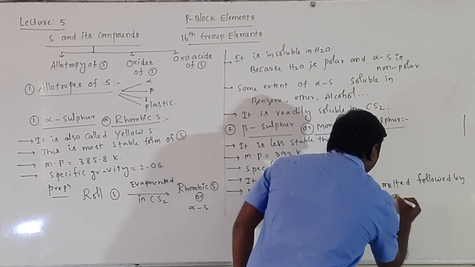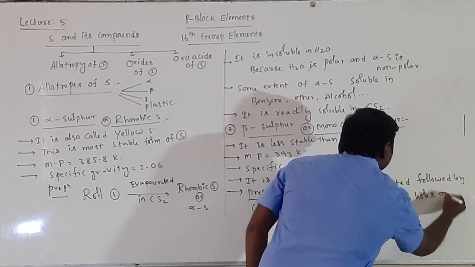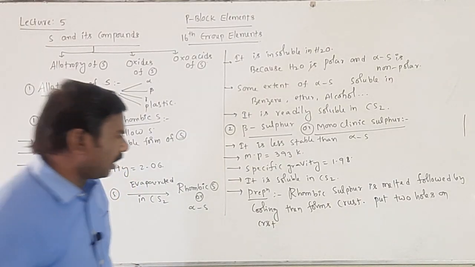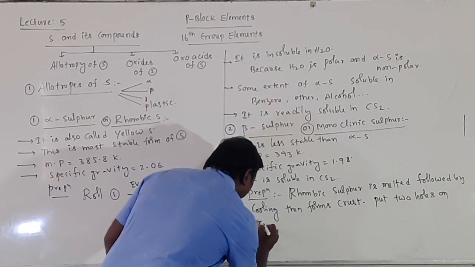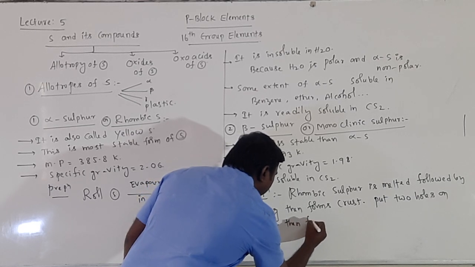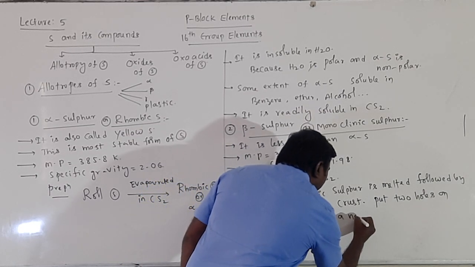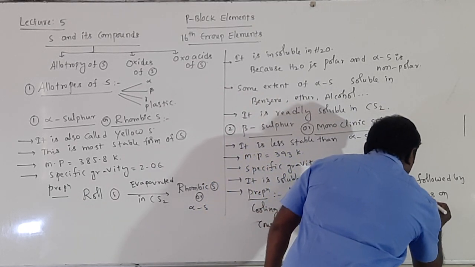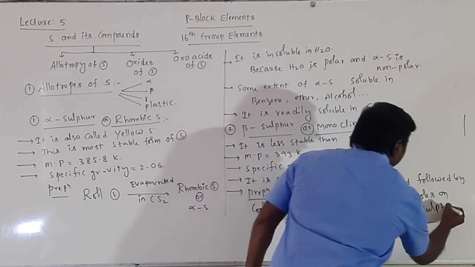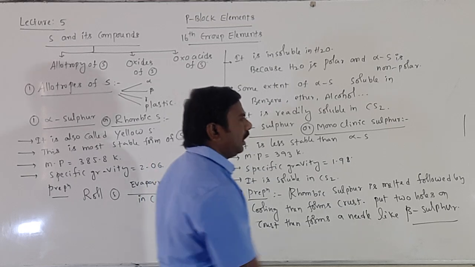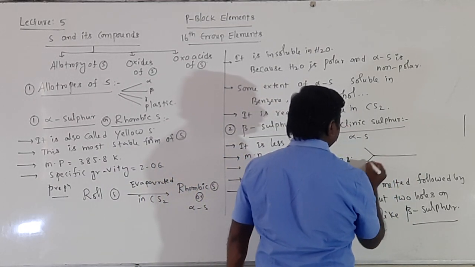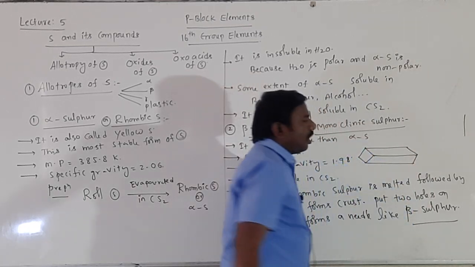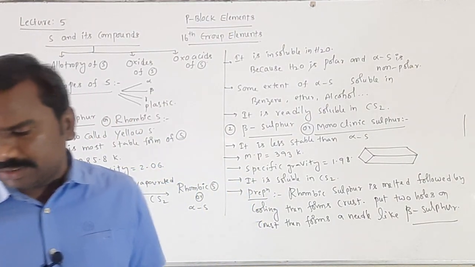Put 2 holes on the crust, then it forms needle-like beta sulfur. Needle-like means a sharp needle-like structure will be formed, that is beta sulfur.